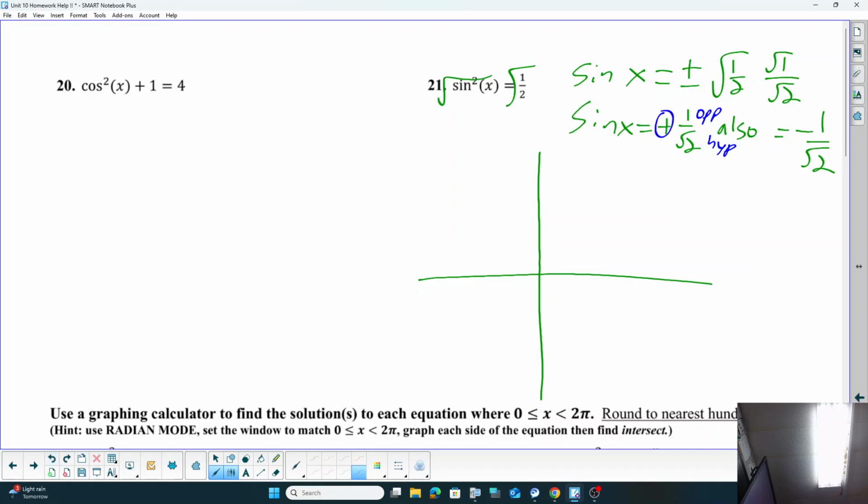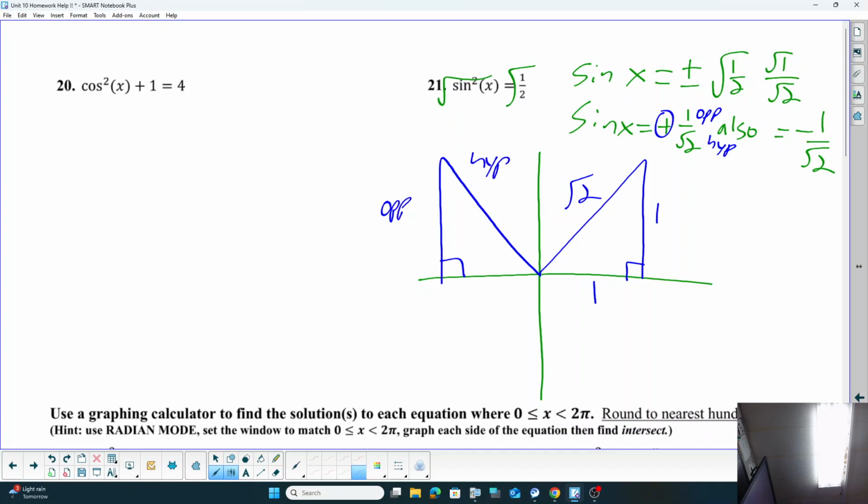Where is sine positive? So sine is positive here and here. And so it's going to be opposite 1 over radical 2. And if you use the Pythagorean theorem, this side will also be 1. Then we'll also have opposite over hypotenuse, where opposite is 1 and hypotenuse is radical 2, and this will also be 1 using the Pythagorean theorem.